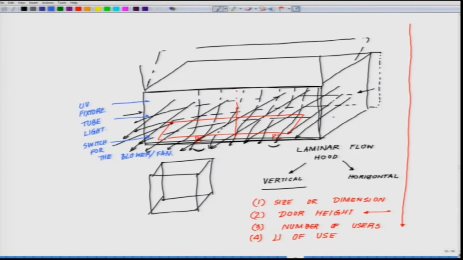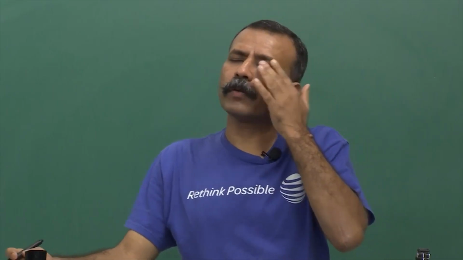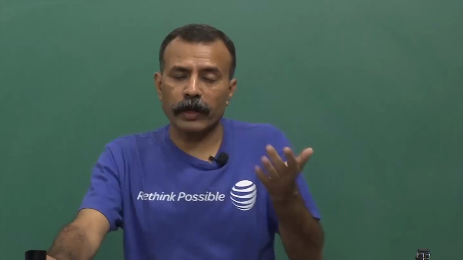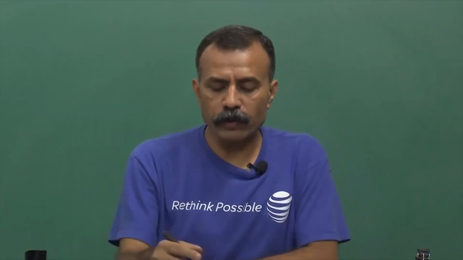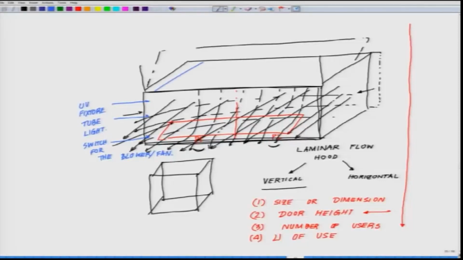These are the major fixtures. Try to buy models which are very simple, and if you can get them made locally, you are very fortunate. Inside, if you open this part, you will see the filter mesh, whose job is to trap impurities, contaminants, dust and so on.